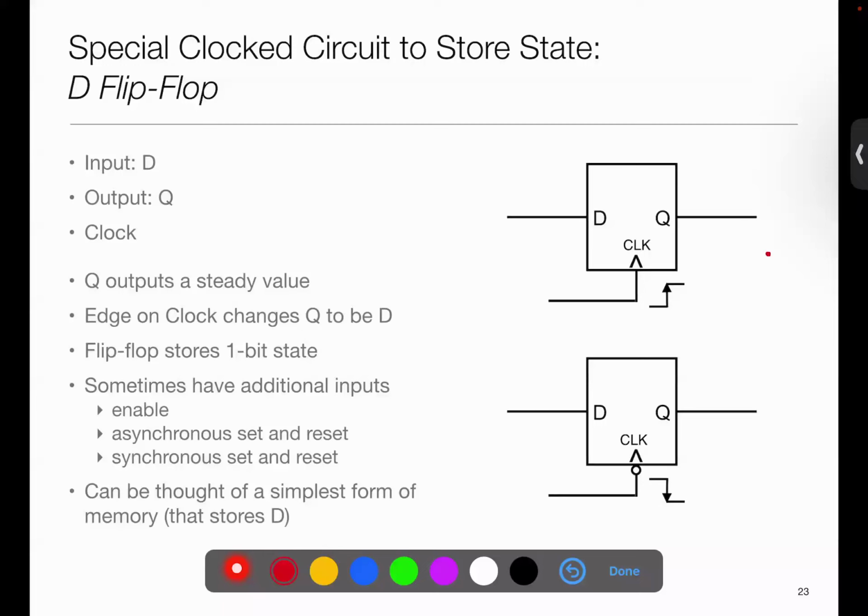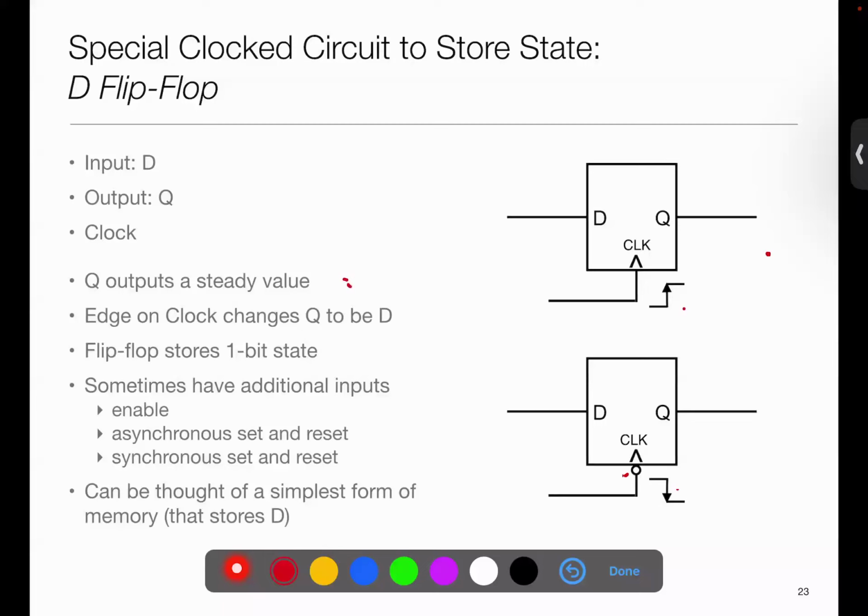In this particular case, the clock has only a triangle, no bubble, which means it is sensitive to the rising edge of the clock, as shown here. If the clock had a bubble, the flip-flop would be sensitive to the falling edge. The behavior is that Q holds a steady value by default.